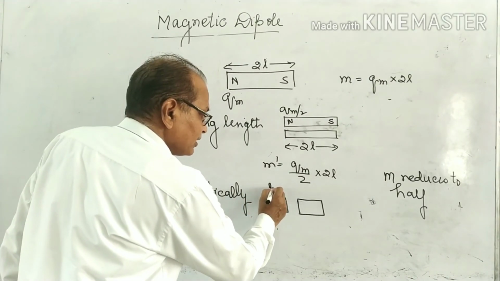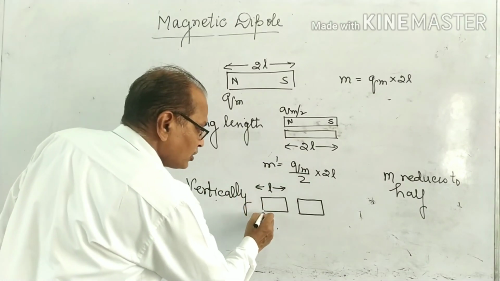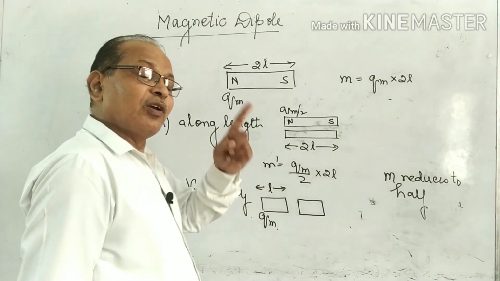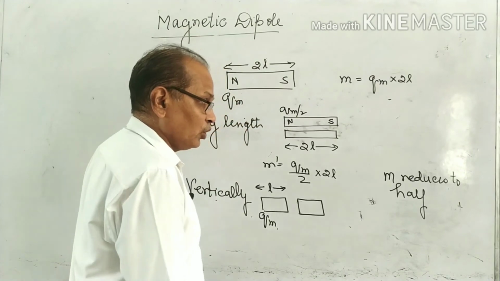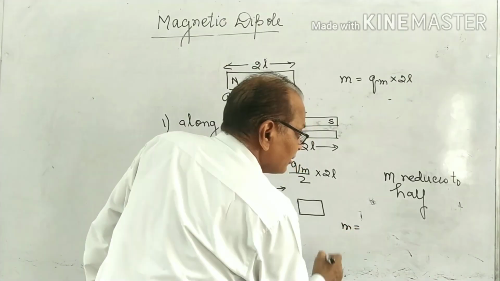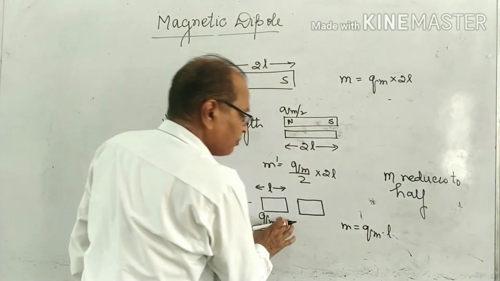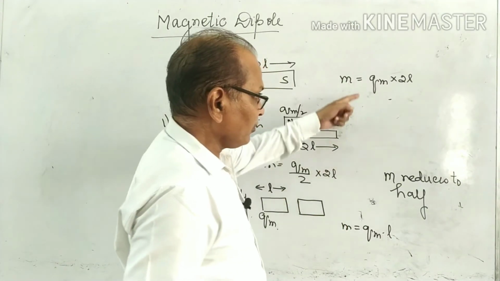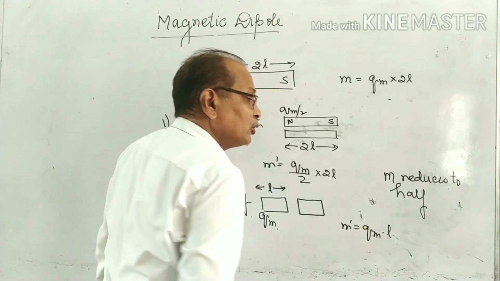The length of one part is L, another part is also L. The pole strength will remain Qm, but the length reduces to half. So our magnetic dipole moment here will be Qm into L for one part. It has L. Therefore, again see, this M dash reduces to half.